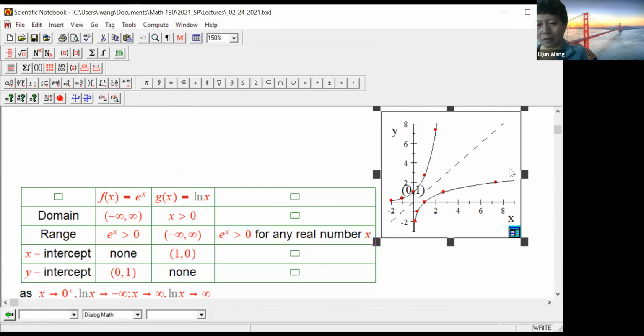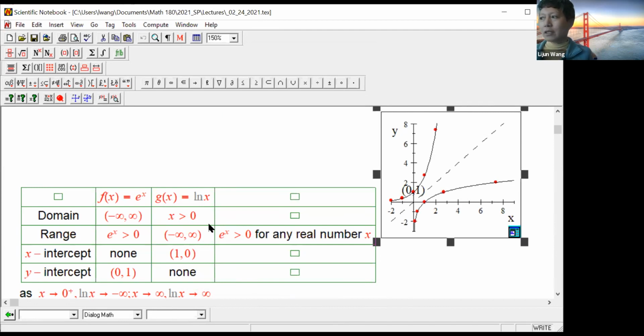So let's not forget it. These two functions are inverse to each other. One's domain is the other's range. As we said, all pairs of inverse functions have the very same feature.